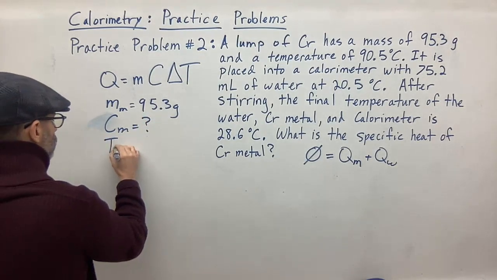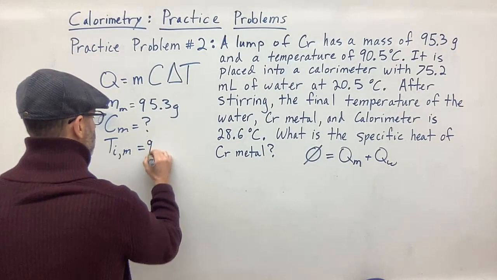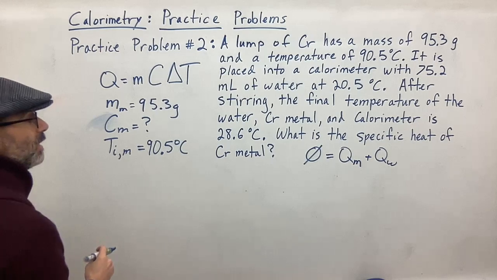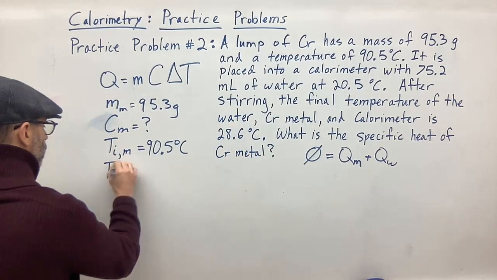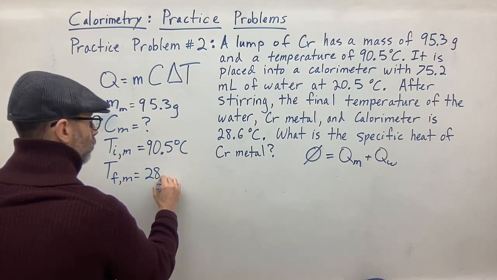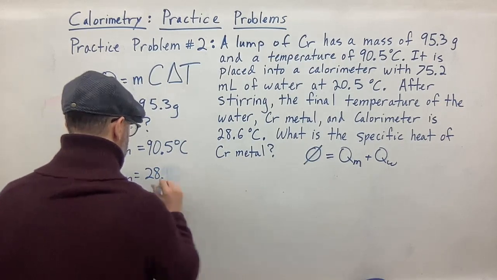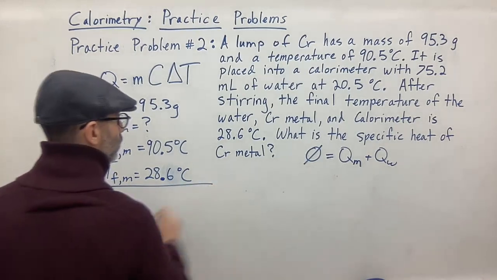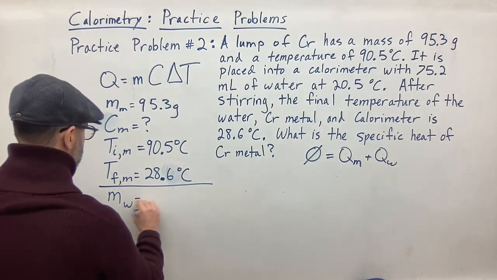The initial temperature of the metal is 90.5 degrees Celsius. And the final temperature of the metal is equal to the final temperature of the water, so 28.6 degrees Celsius. So that's everything for the metal. What about the water now? The mass of the water.